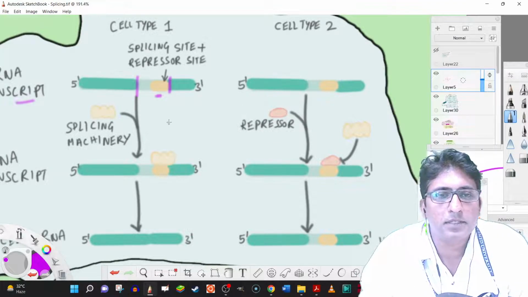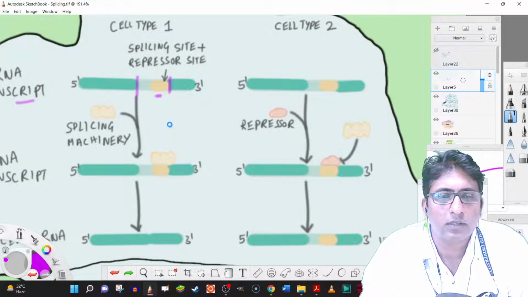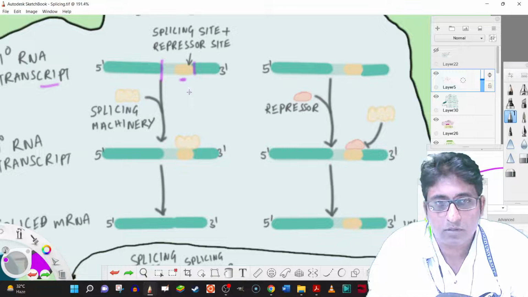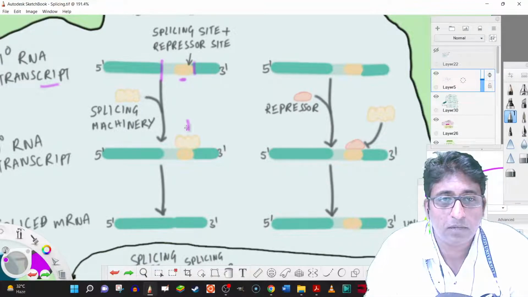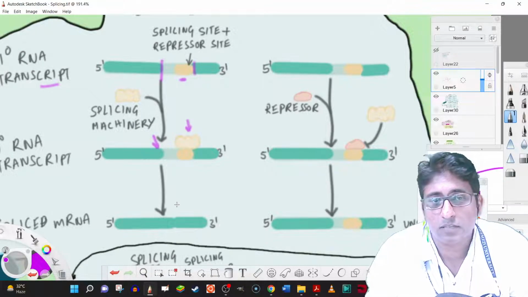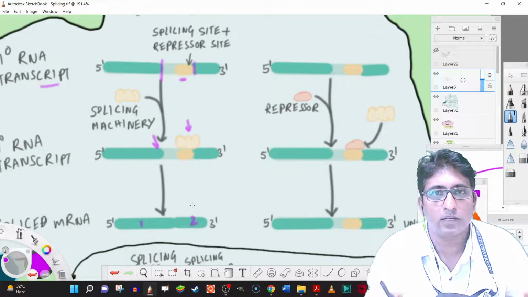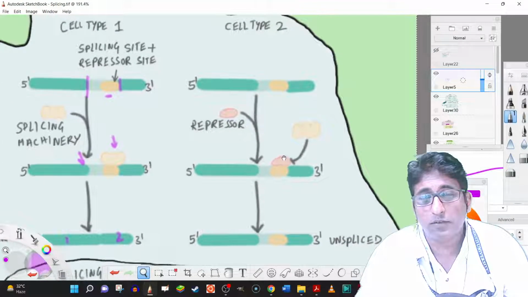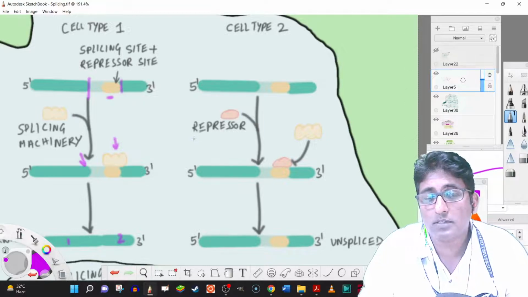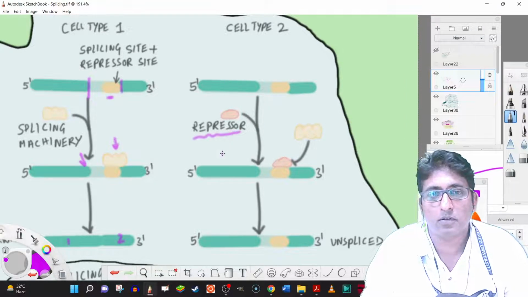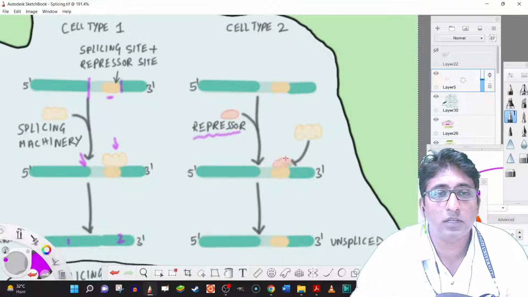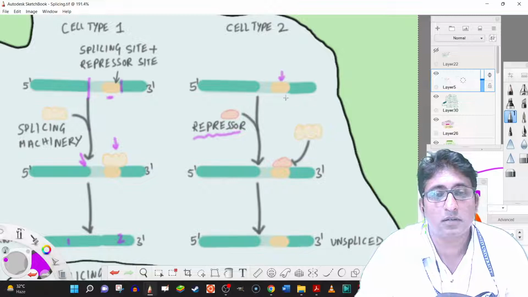Let's go ahead with the normal one. Say, for example, there is no repressor, so the splicing machinery can bind here and also here, and splicing would occur, and now we have exon 1 and exon 2 spliced together. In the other case, in a different cell, maybe there was expression of the repressor. The repressor would bind to the site present here.